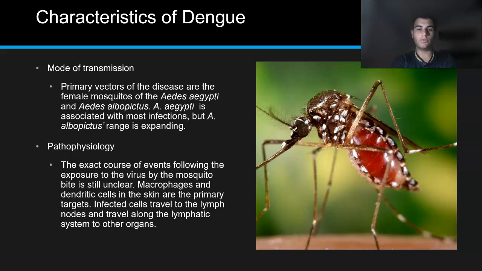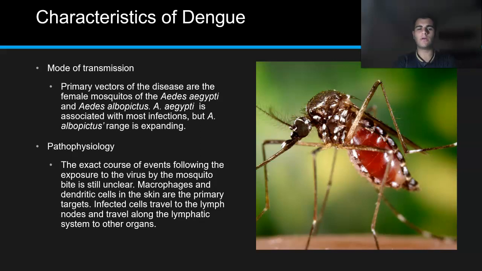Research has shown that the albopictus is starting to increase the levels of infection as well because they can withstand harsher environments such as decreased temperatures. They can last longer without eating, so the time between bites is longer, but whenever they do bite, it's a harsher introduction to the virus.